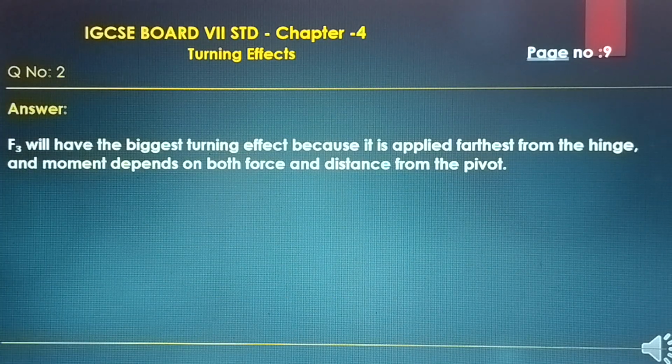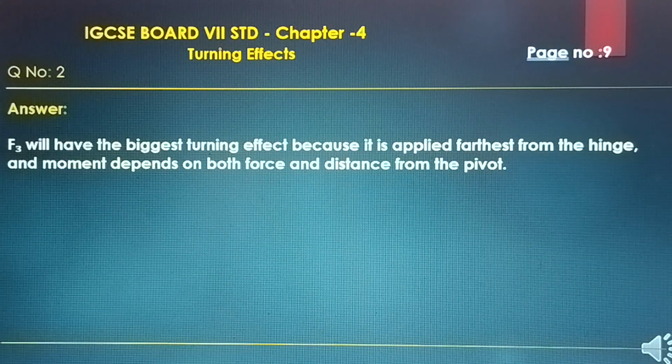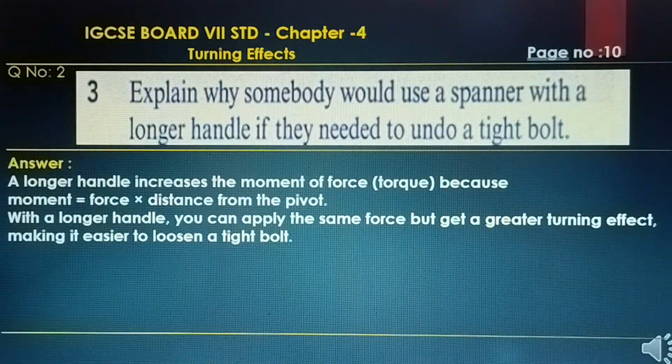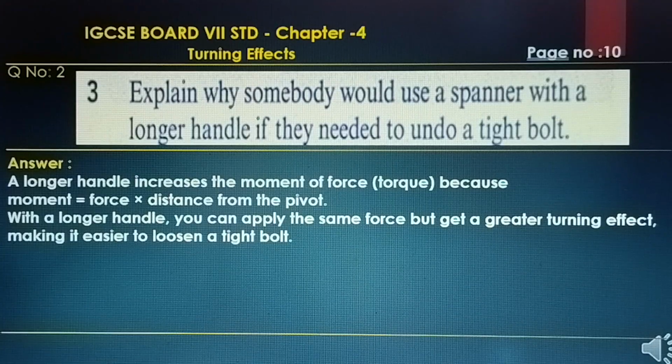The final answer to this question: F3 will have the biggest turning effect because it's applied further from the hinge, and the moment depends on both force and distance from the pivot. Question 3. Explain why somebody would use a spanner with a longer handle if they needed to undo a tight bolt.